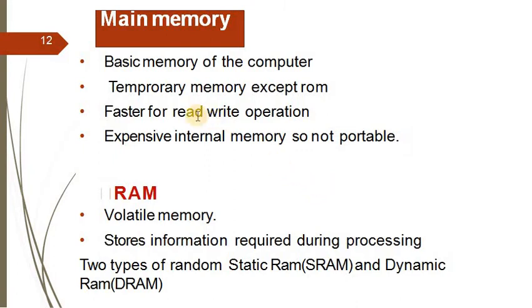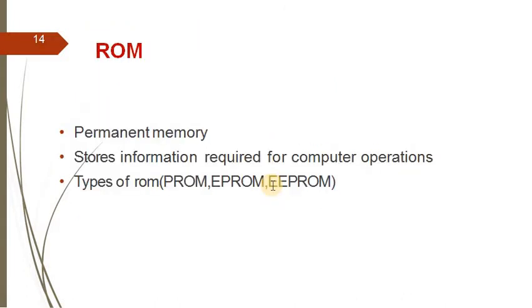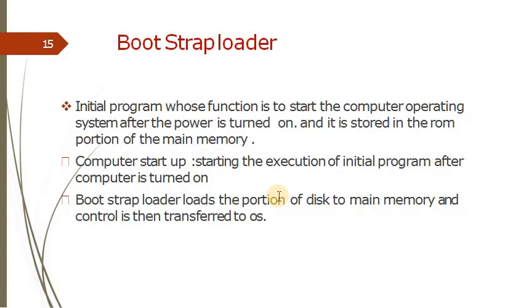See here, I have said temporary memory except ROM. That is what I have said. See here, permanent memory. ROM is a permanent memory. It's not a temporary memory. So it stores information required for computer operations. The types of ROM are PROM, EPROM, and EEPROM. We will see what is that in detail.